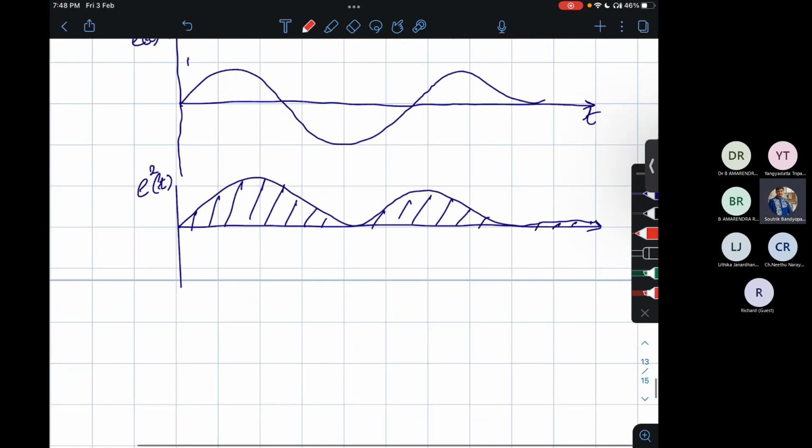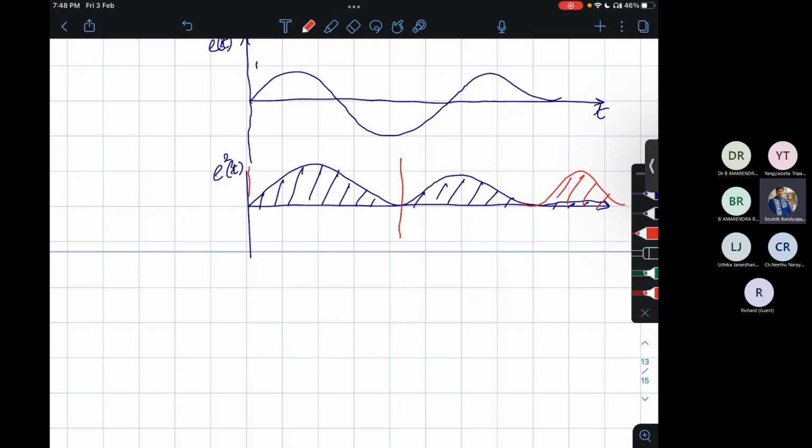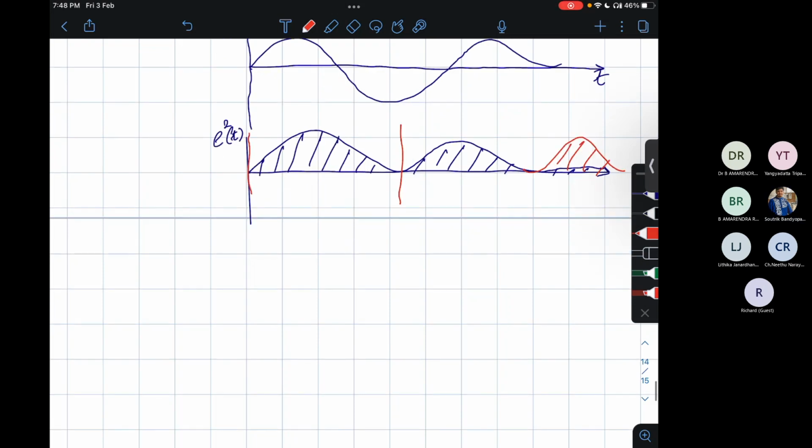If you look at the area under the curve of this, it is not essentially dying down to 0. There exists a periodic bump in this function, and the area is constantly increasing. So the area is infinity as time goes to infinity, right?